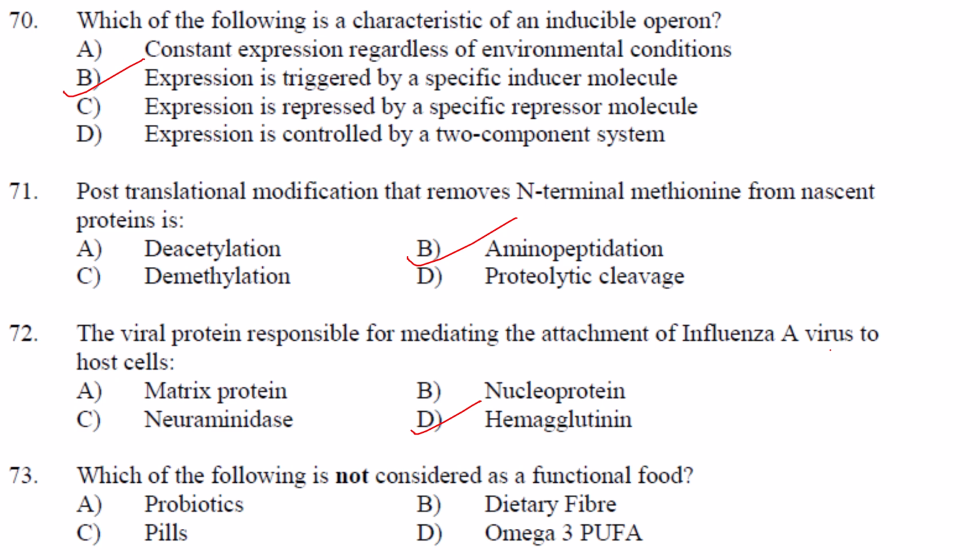Pills are isolated nutrients or compounds in concentrated form. So they can be your vitamins, your minerals or herbal extracts. They are not functional foods. So the answer here is option C.